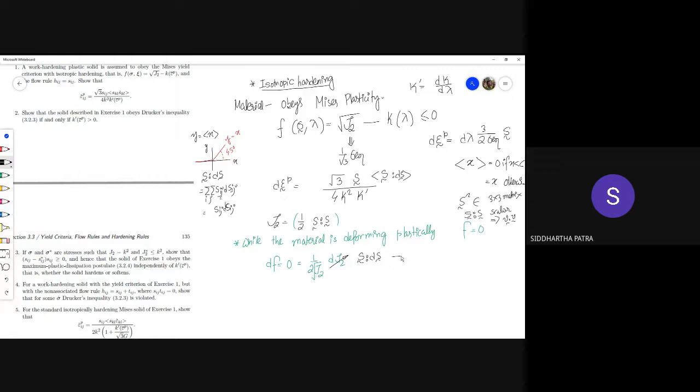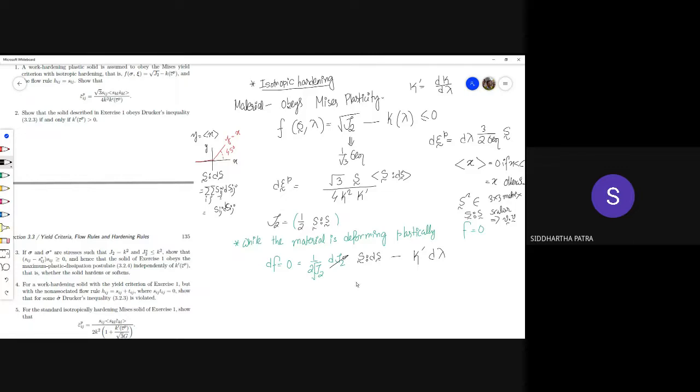And then the next thing that we can do is, k is right here, so I can write it to be k prime times d lambda.